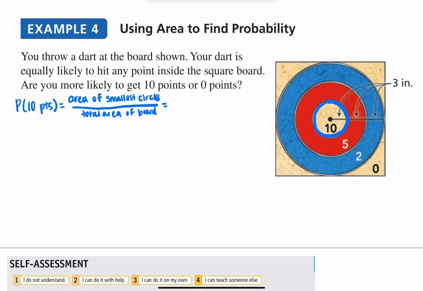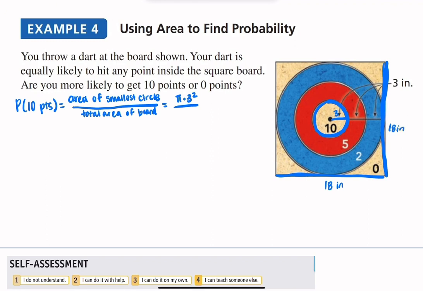So that smallest circle, if you remember area of a circle, that's pi r squared. So the radius of this is 3. So pi times 3 squared over the entire board, which is a square, right? And so if I want to find the area of the board, I've got 3, 6, 9, 12, 15, 18. So all my sides are 18 inches long.